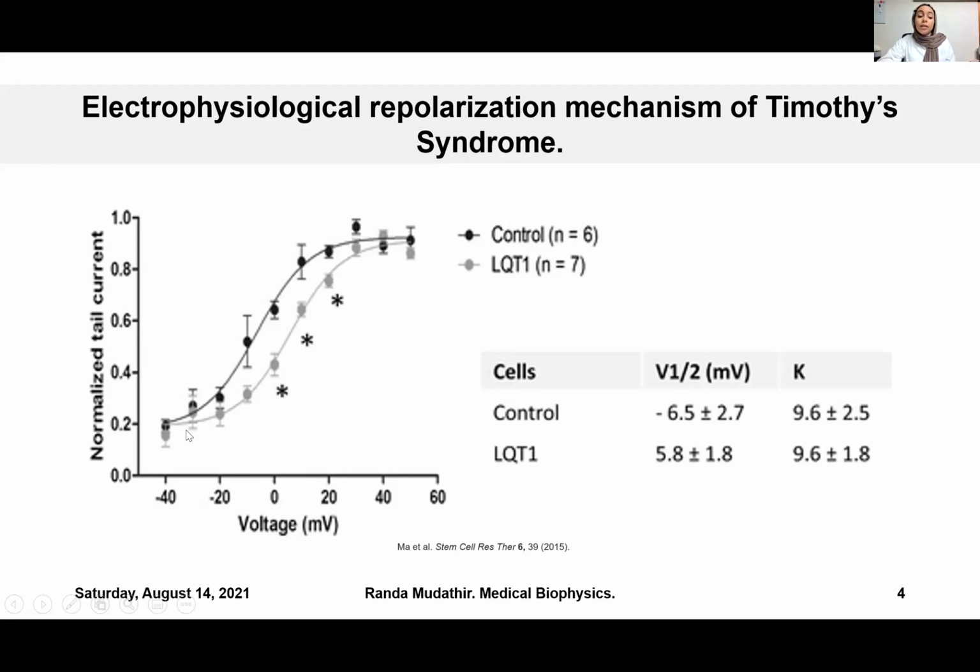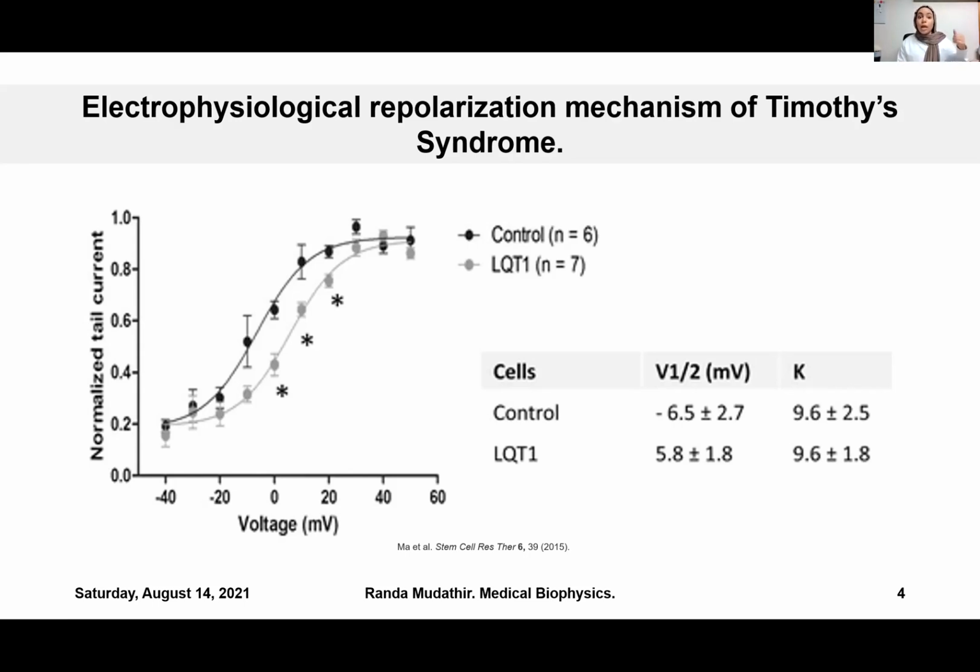The gray curve represents the Timothy syndrome potassium channel. We can see that there's been a downward shift in the curve, and this indicates that we have a loss of function in the IKR. So our repolarization is being affected because our potassium channels are not functioning the way they're supposed to.